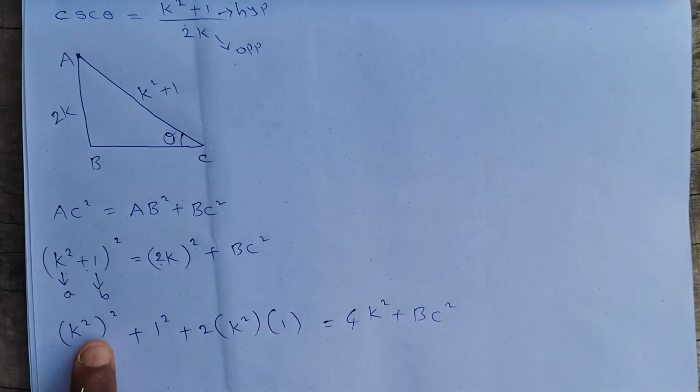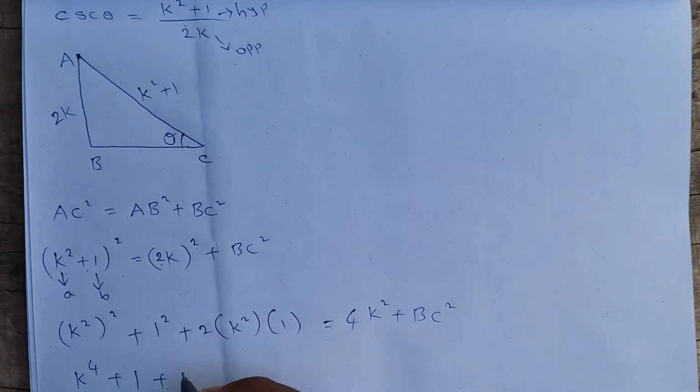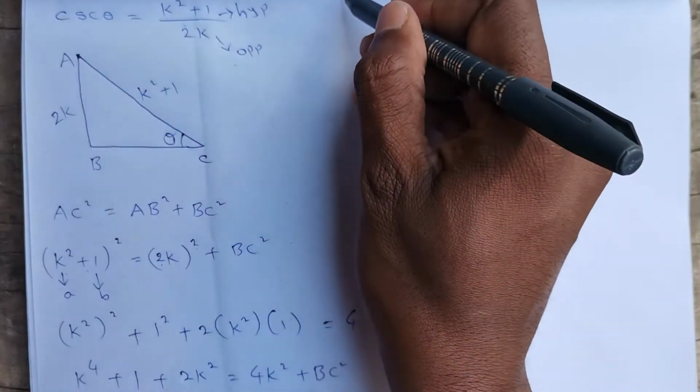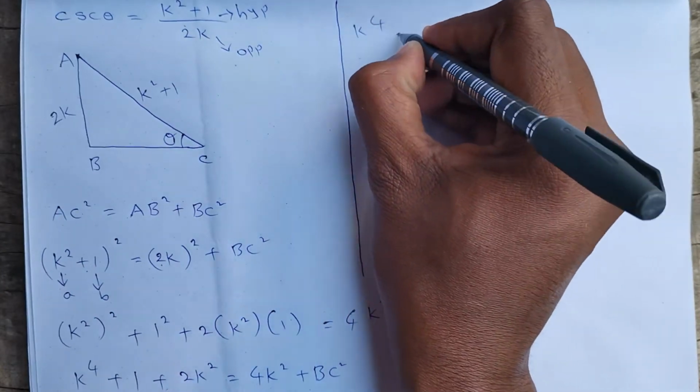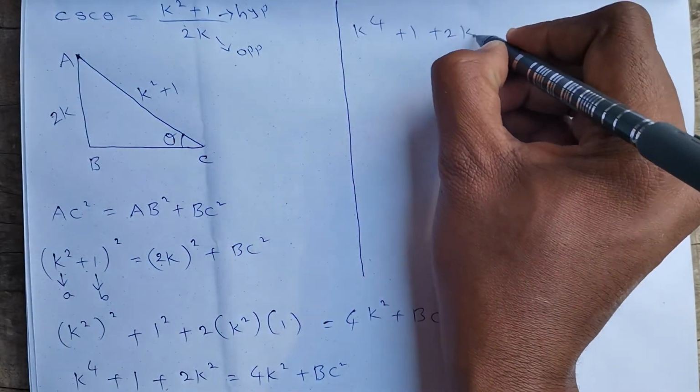Next, (k square) whole square is k power 4, plus 1 square is 1, plus 2 into k square, 2k square, is equal to 4k square plus BC square. Now whatever is on the left side I am writing as it is: k power 4 plus 1 plus 2k square.